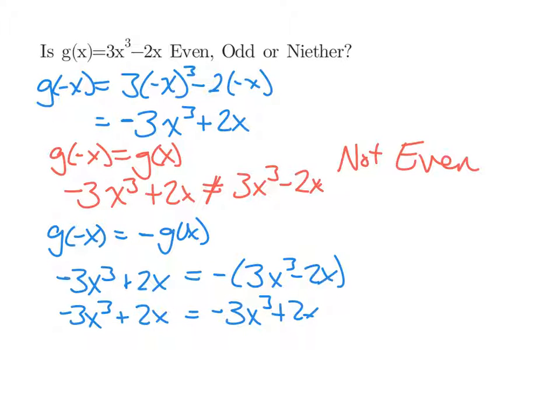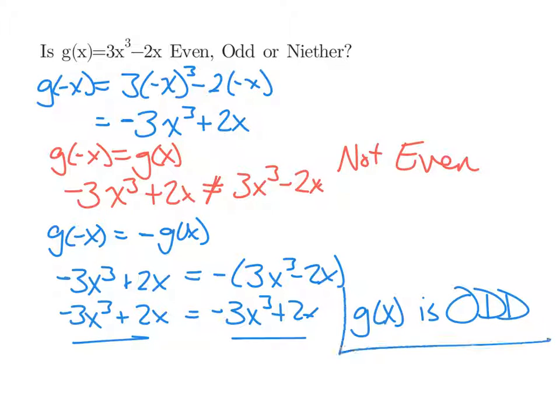And these two expressions are equal to each other. That means that g of x is odd. And when we look at all the powers, we notice that 3x cubed, that's an odd number, and 2x is 2x to the first, that's also an odd number. So maybe there's something to that: if we are only dealing with odd powers, we'll have an odd function.